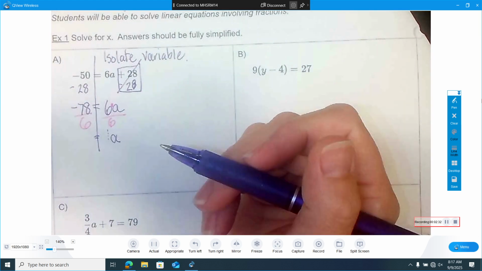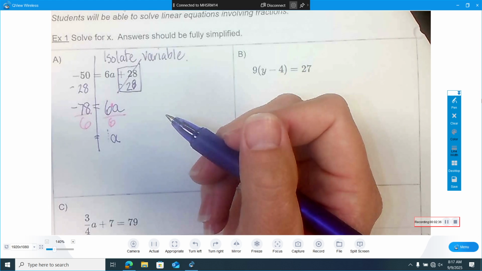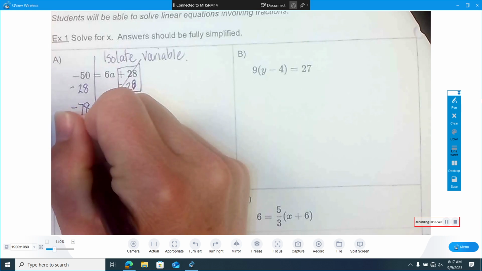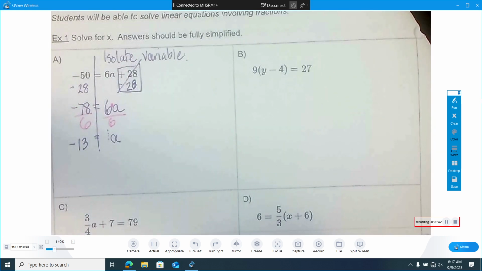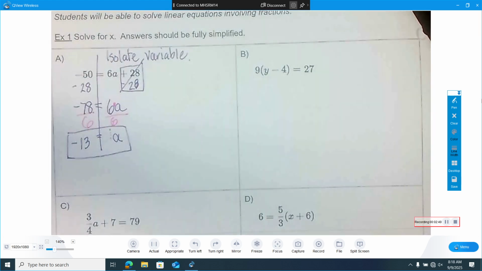Ooh. And negative 78 divided by 6. What is it? Negative 13? Cool. Oh, I believe that. All right, cool. Negative divided by positive is a negative result. We do get negative 13.